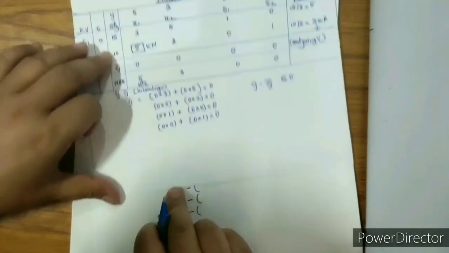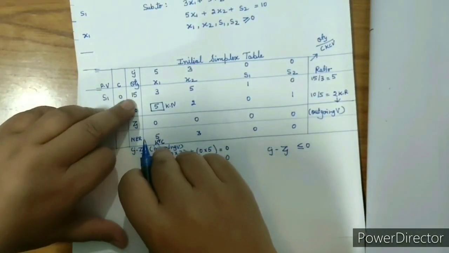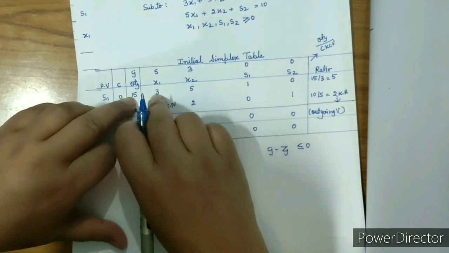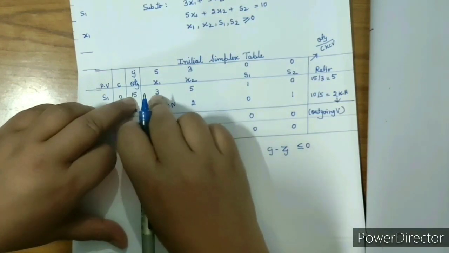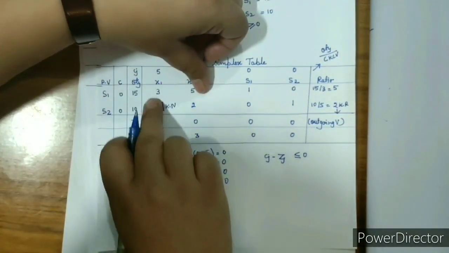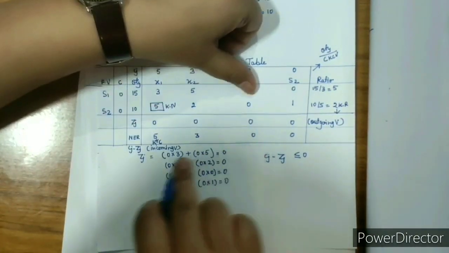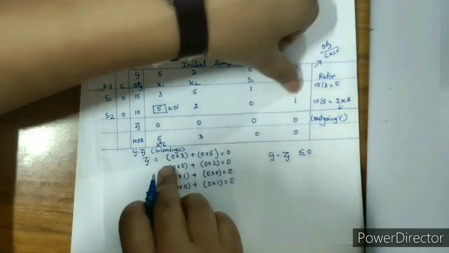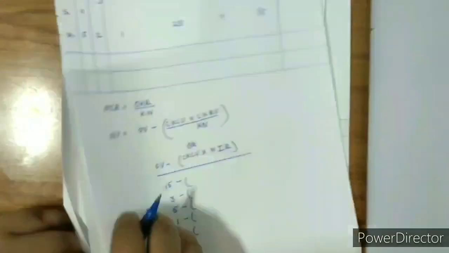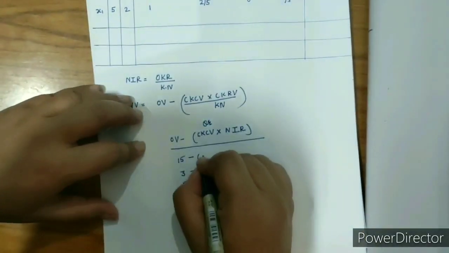We move in key column and find out the corresponding variable of 15. That is 3. For 5 it is 3, for 1 it is 3, for 0 again 3. So in each situation the corresponding key column variable is the same, that is 3.